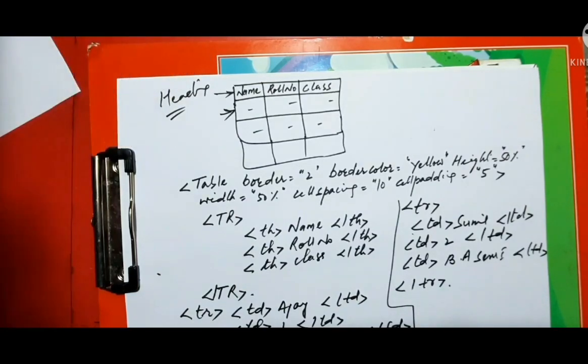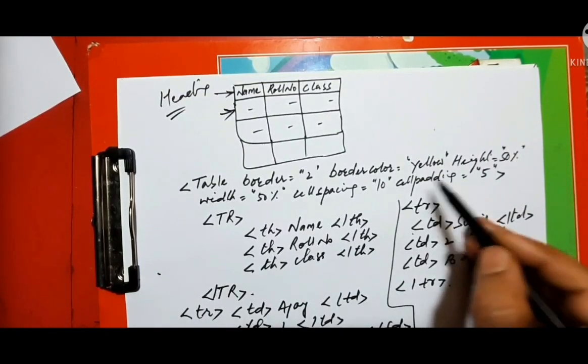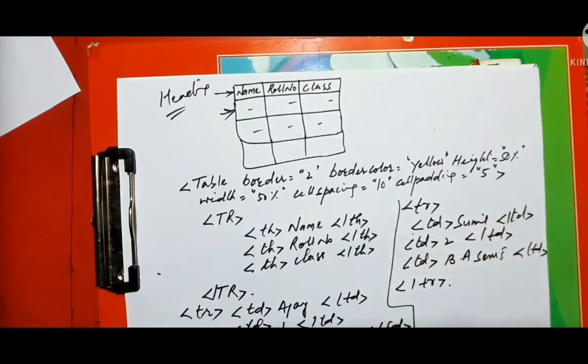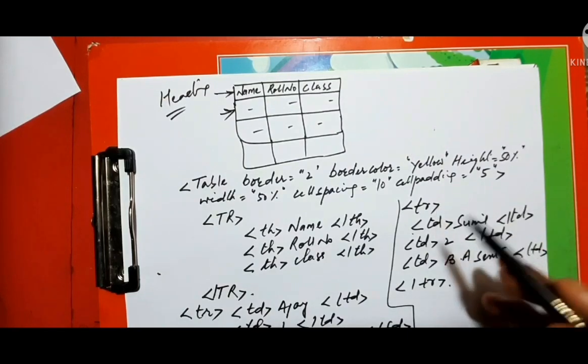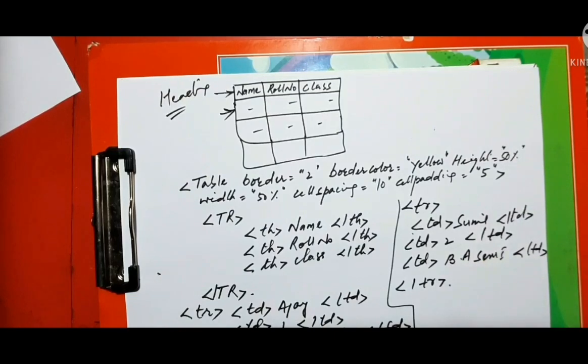Now the third row is created the same way, just change the values, change the data. This will go on and on, depending on how many rows you want to create. The code will repeat, only the values of the cells will change.